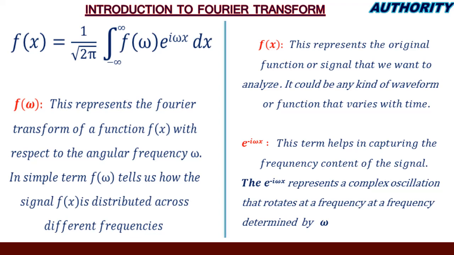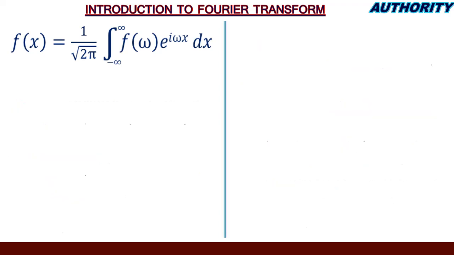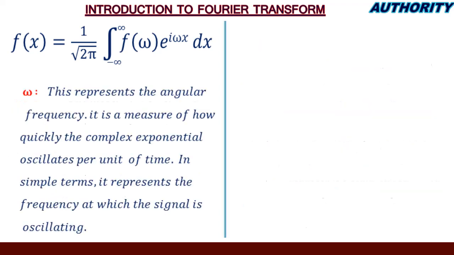The term e raised to the power of minus i omega x represents a complex oscillation that rotates at a frequency determined by omega. Now what of the omega? Omega represents the angular frequency. It is a measure of how quickly the complex exponentials oscillate per unit of time. In simple terms, it represents the frequency at which the signal is oscillating.